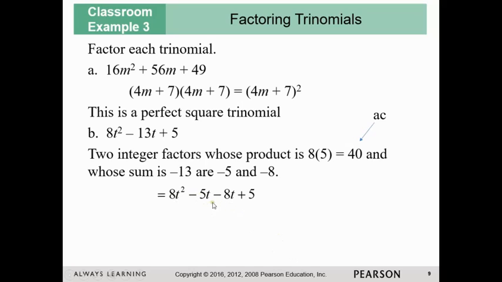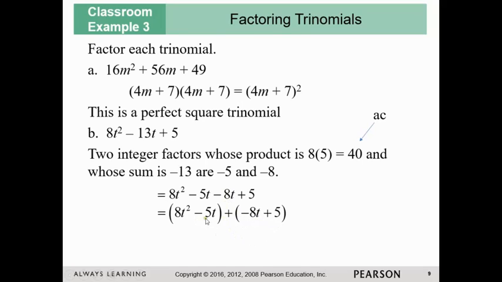But notice what we've done here is rewrite the middle term, negative 13t, as negative 5t minus 8t. Remember, the next thing we do is group the 4 terms into 2 groups, which is what we've done here: 8t squared minus 5t, plus, and remember they're separated by a plus sign, negative 8t plus 5.